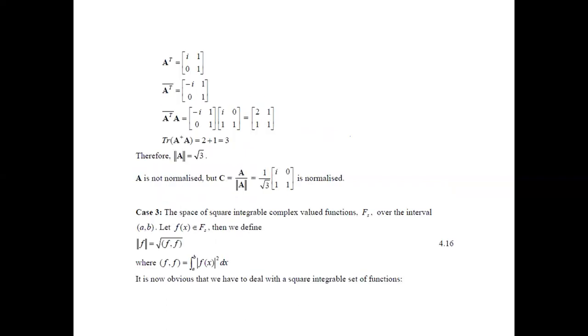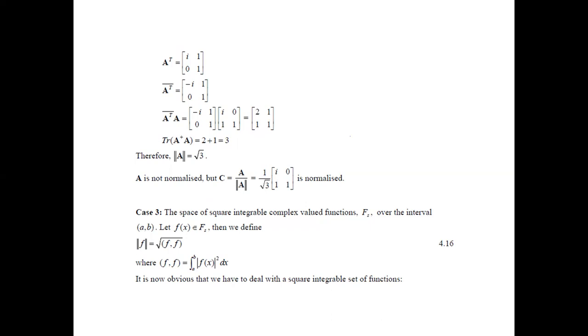The transpose is (i, 1; 0, 1), and the complex conjugate of that is going to be (-i, 1; 0, 1). So A dagger A, what you have there is going to give you (2, 1; 1, 1). The trace of that is 2 plus 1, which is 3. Therefore, the norm of A is square root of 3. You can see A is non-normalized. But if you define C as A over norm of A, which is 1 over root 3, (i, 0; 1, 1), then it will be normalized.